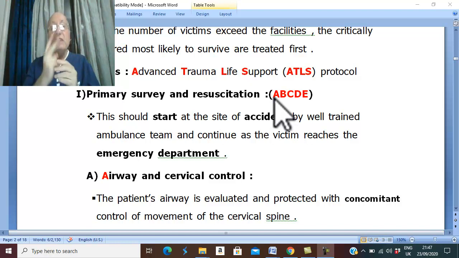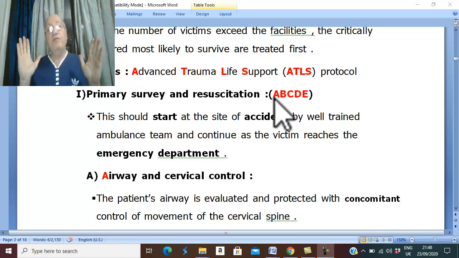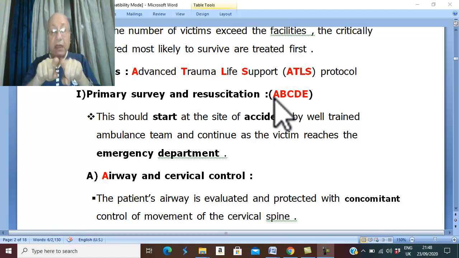Therefore, to avoid these two main causes, we should start by keeping a patent airway and control of cervical movement in concomitant with each other.